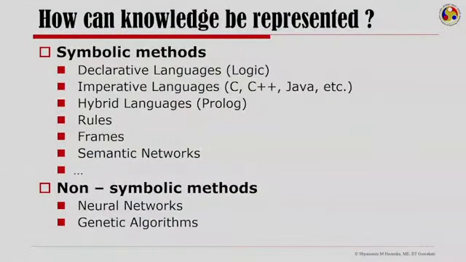Depending on which approach you take, you could have symbolic methods of representing knowledge, which would involve things like declarative languages, imperative languages, hybrid languages like Prolog, rules, frames, semantic networks, and so on and so forth. We could have non-symbolic methods of knowledge representation, the popular among them being neural networks and genetic algorithms.